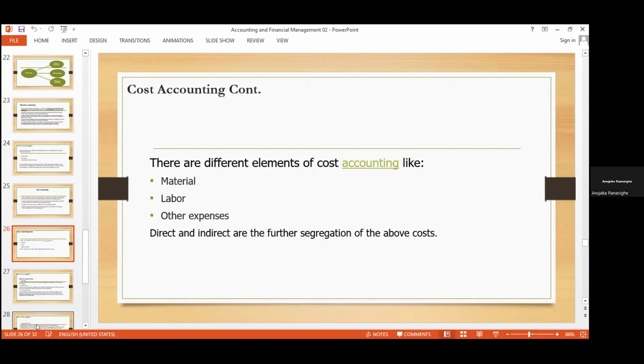The elements of cost accounting are material, labor, and other expenses. We can divide them into direct and indirect: direct material and indirect material, direct labor and indirect labor, direct other expenses and indirect other expenses.